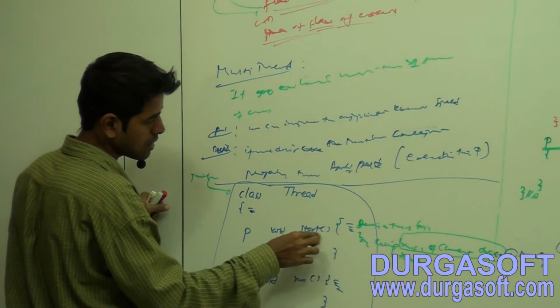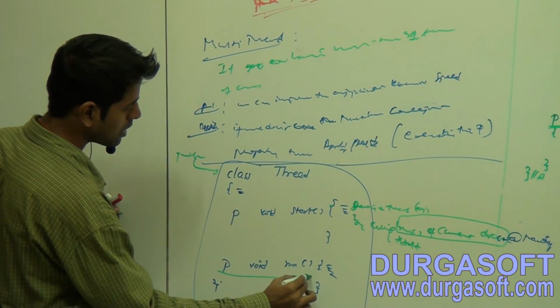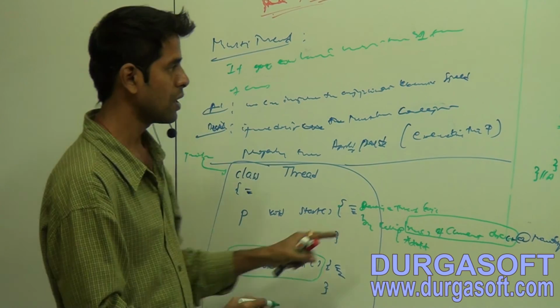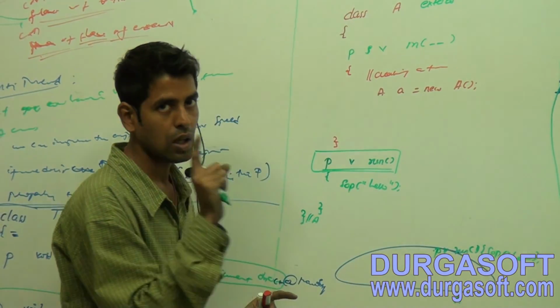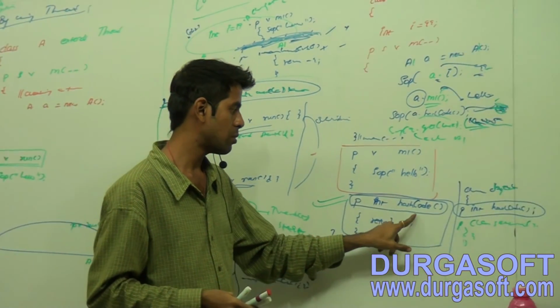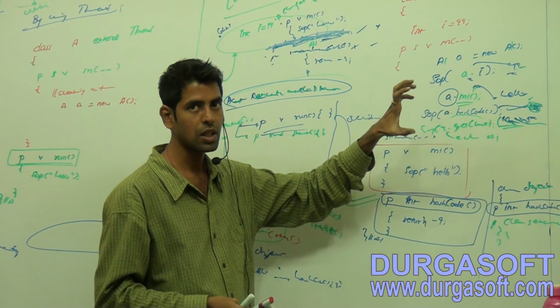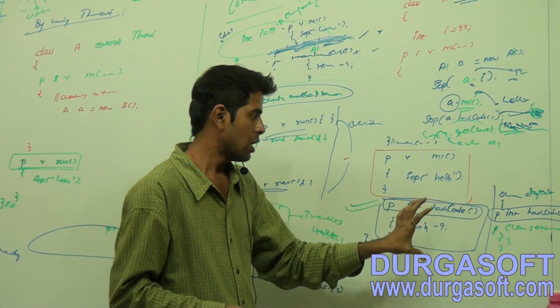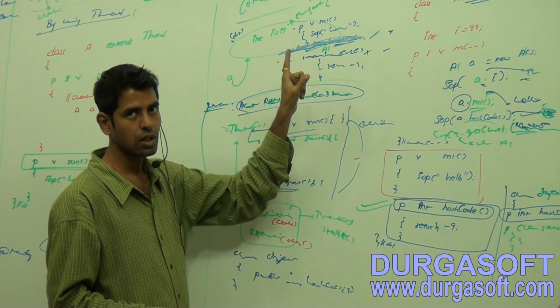Now the Thread class is having what? Two methods, the start method and the run method, but this parent class run method prototype and the child class run method prototype both are the same. Observe here, if the child class method prototype and parent class method prototype are the same, at runtime which method will be written in the object?